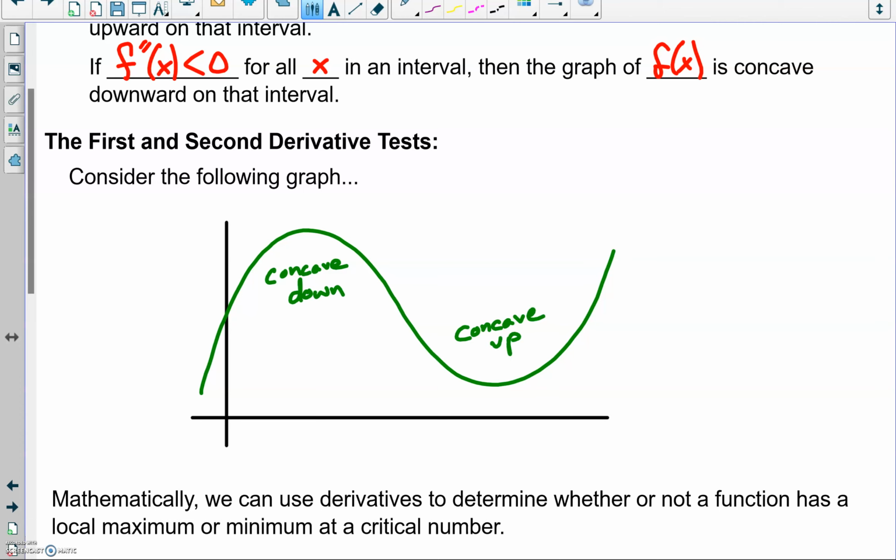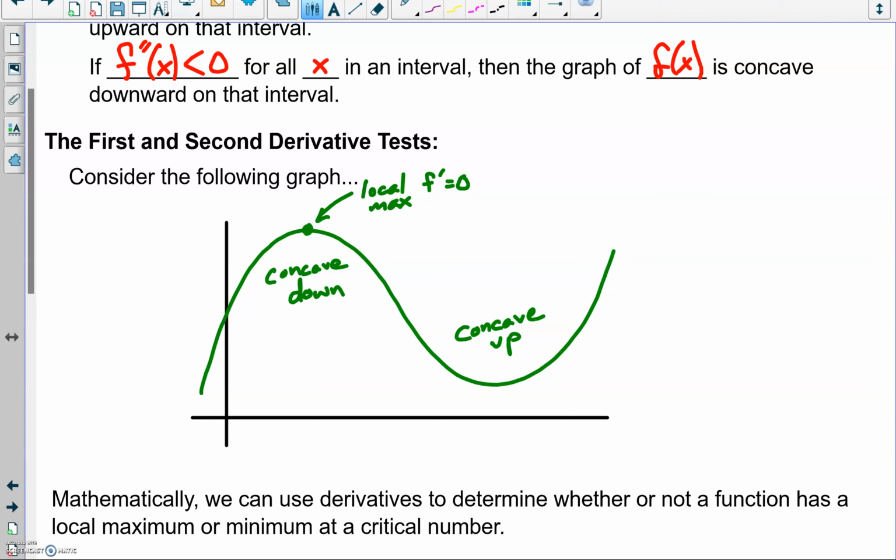Looking at this concave down part, there is a maximum there. You have a local max at that location. And the local max, in this case, you would have f prime equal to 0. So your first derivative would be equal to 0 there, 0 slope.